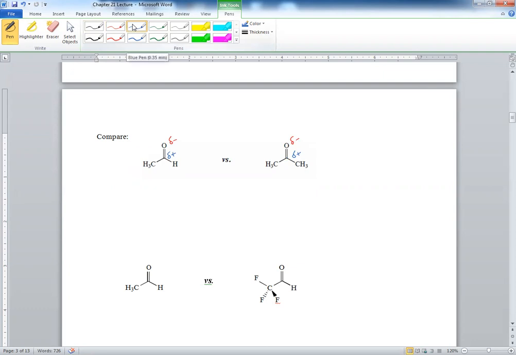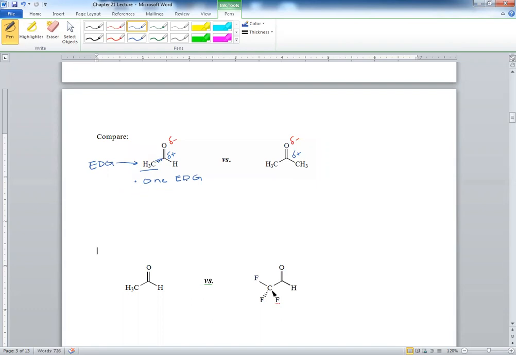So let's recall what we learned about electron donating groups and electron withdrawing groups. If you look here, we have a methyl, which is an electron donating group. So we have one EDG. And if you recall, the electron donating group donates electron density toward that carbonyl carbon, which makes it less positive.